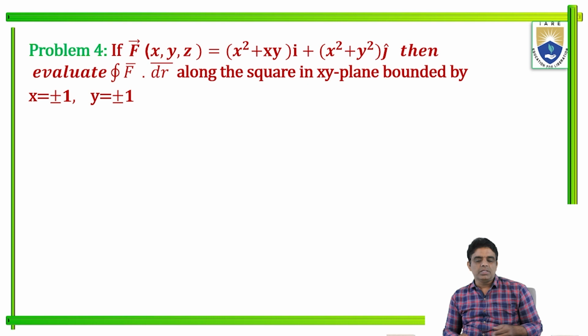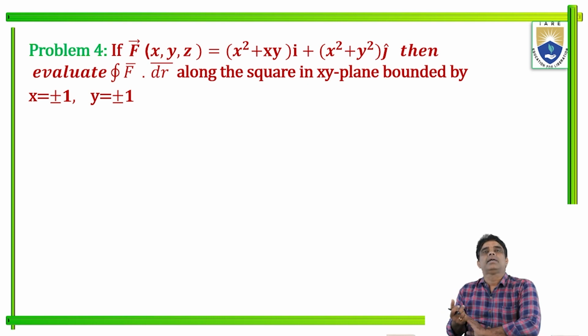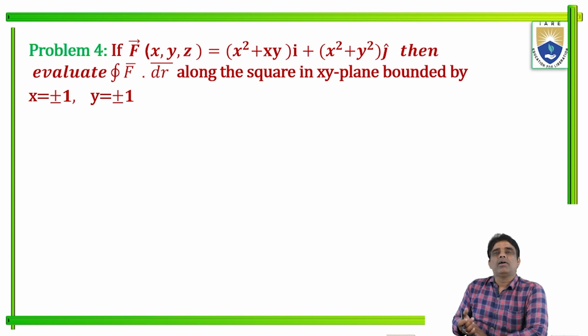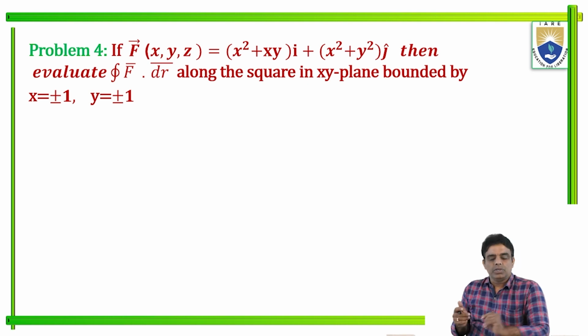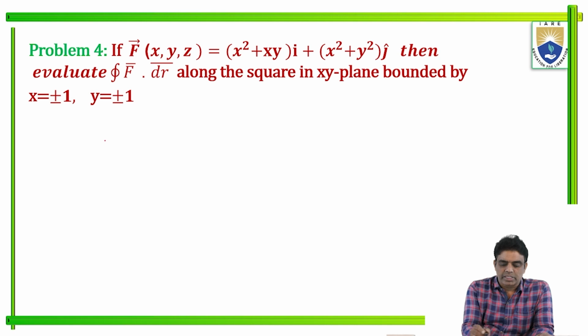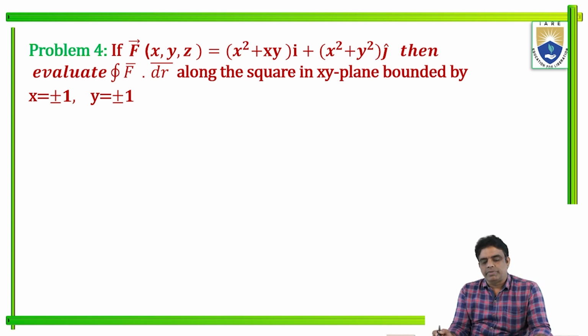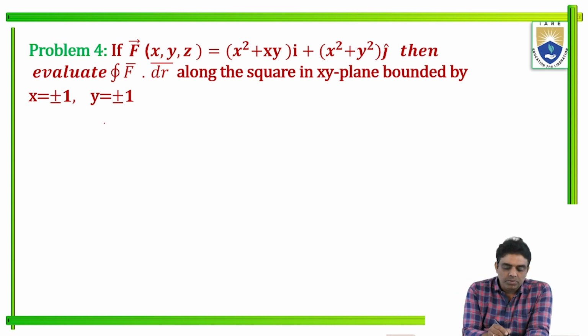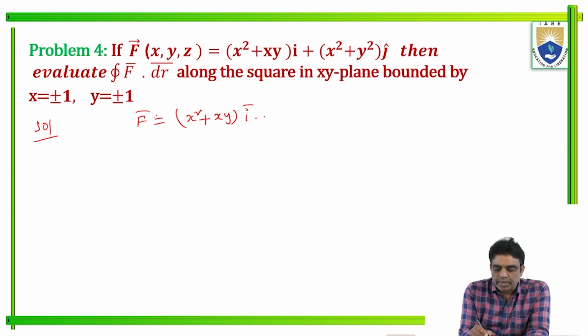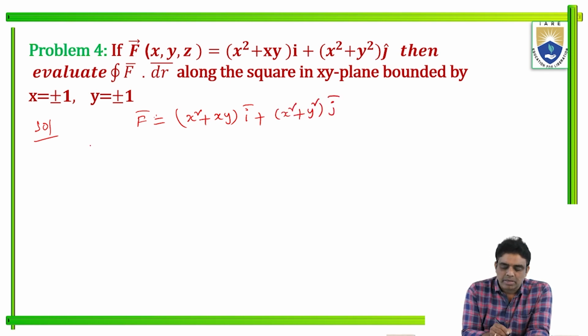So this is also a problem of finding the line integral of f bar dot dr bar along the square. Here f bar is given as a function, and the square is in the xy plane, that means z is 0. I will solve this last problem. F bar is equal to x square plus xy into i bar plus x square plus y square into j bar.